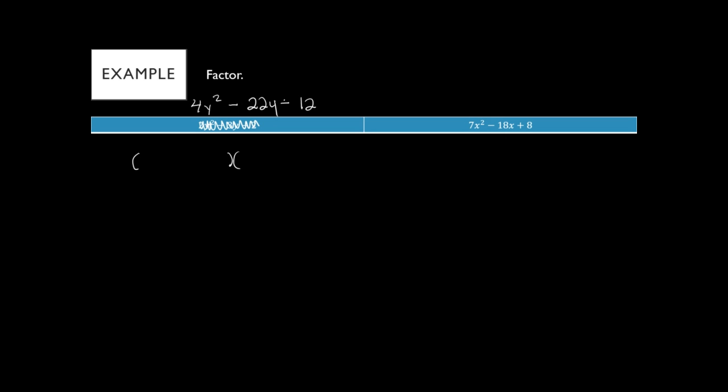So I'm going to set up my parentheses. I'm going to have something times y. And these are multiplying to a negative, which means they have opposite signs, a plus and a minus. Our first set of numbers has to multiply to 4.